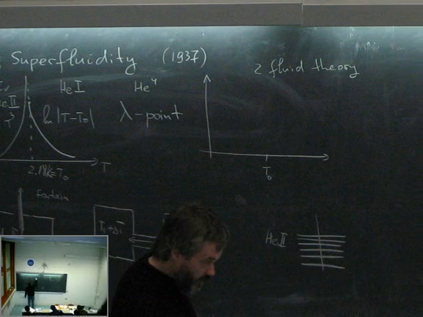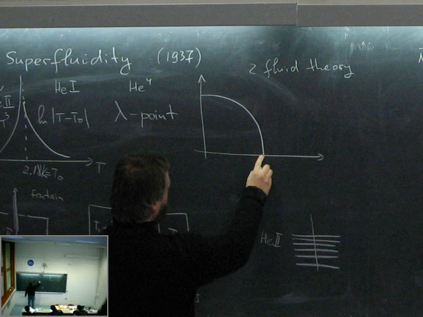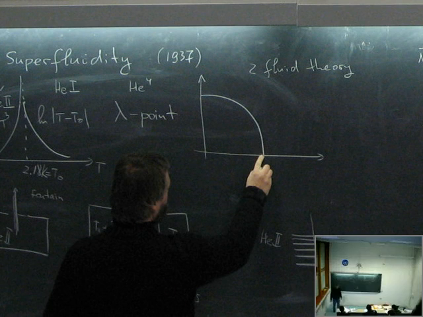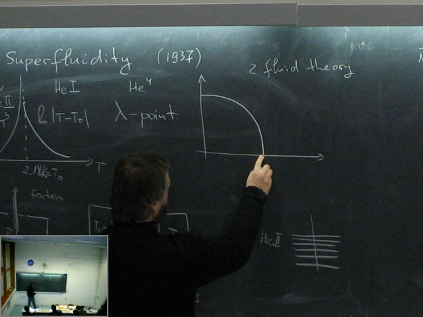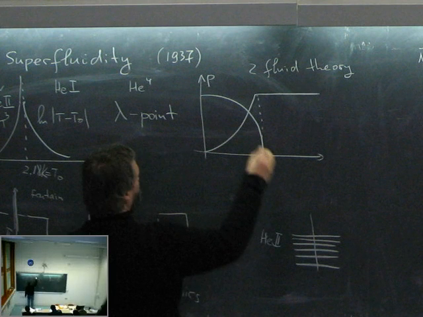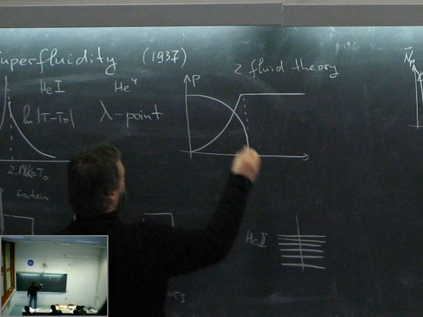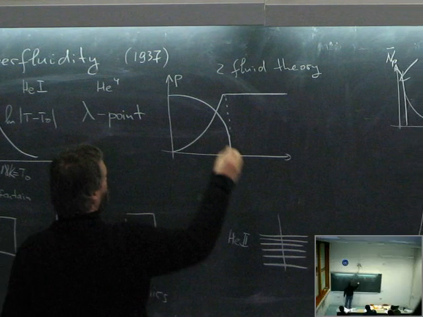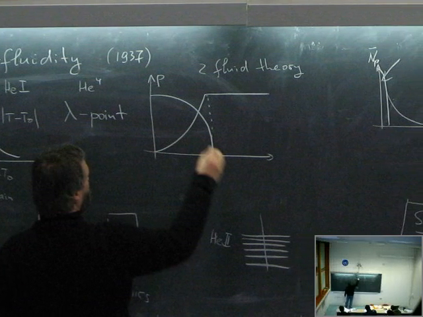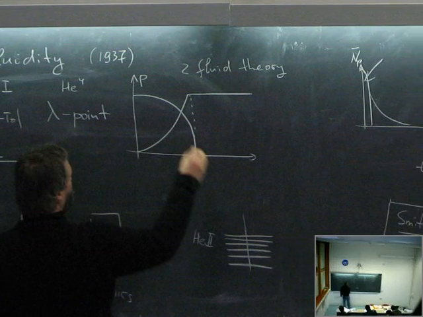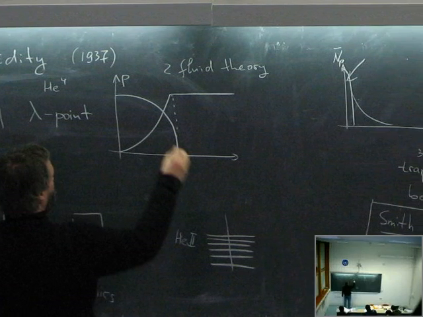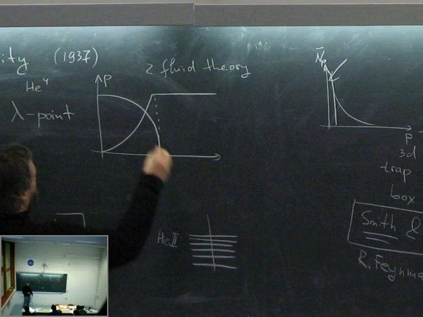So there is a superfluid component which disappears at temperature T0, and there is a normal component. This is the density of the two liquids, this is the temperature, this is the normal component, and this is the superfluid component.